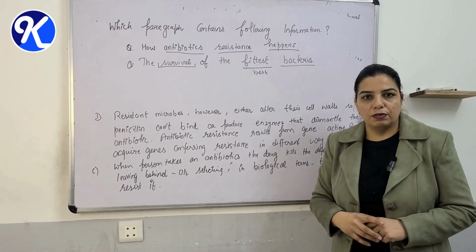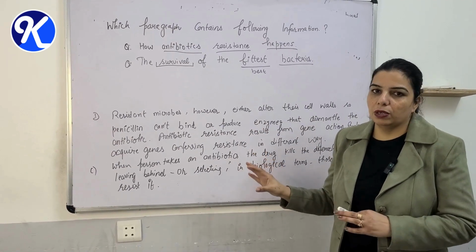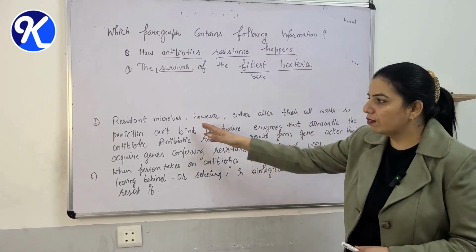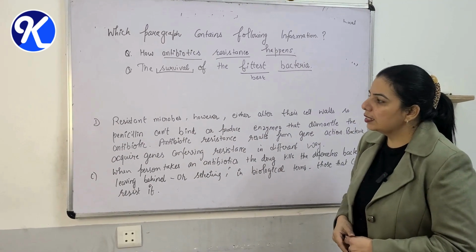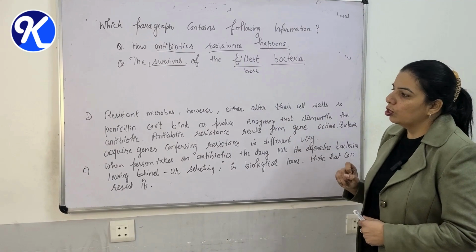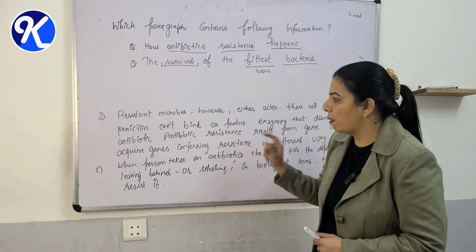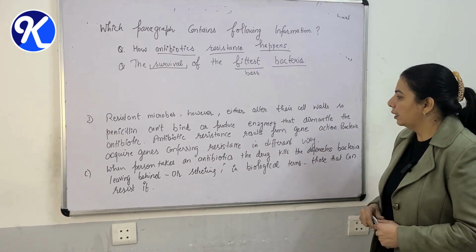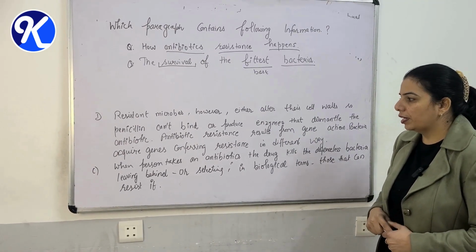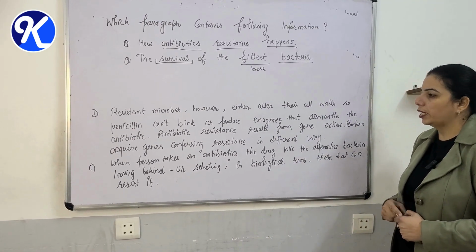Here is the paragraph. I have just written few lines because I will be short of the space, just to explain it. The D paragraph: resistant microbes, however, either alter their cell walls so that penicillin can't bind or produce enzyme that dismantle the antibiotics. Antibiotic resistance results from gene action.